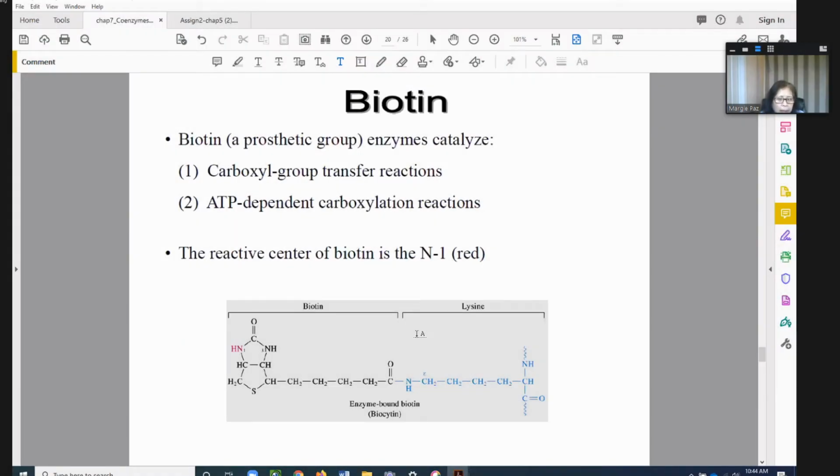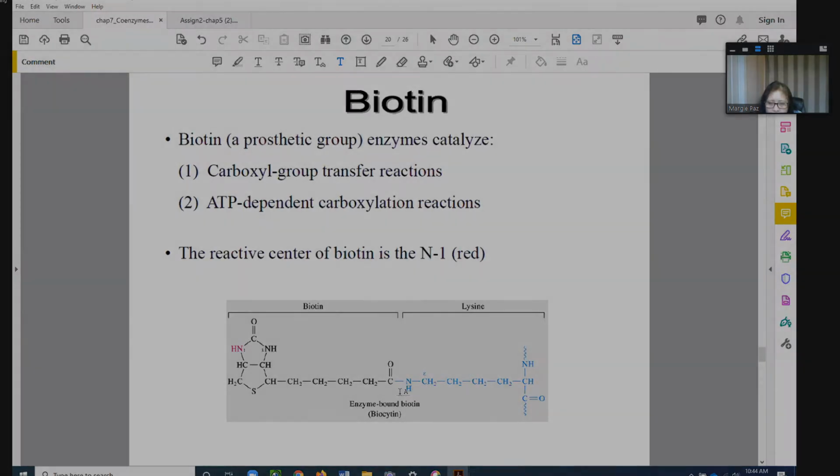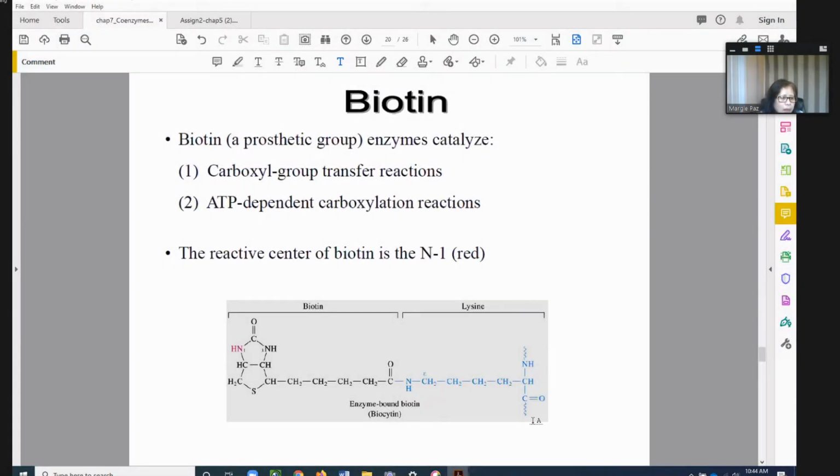However, it is covalently linked to the active site of the enzyme by an epsilon amino group of lysine. So this is the epsilon amino group that is linked to biotin. The reactive center of biotin is shown here, highlighted in red. It is at the N1 position.